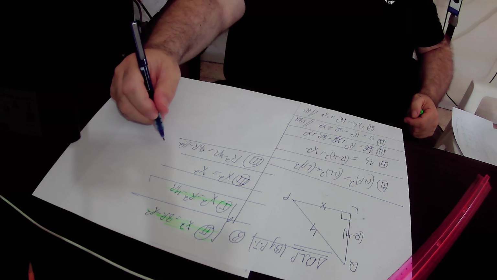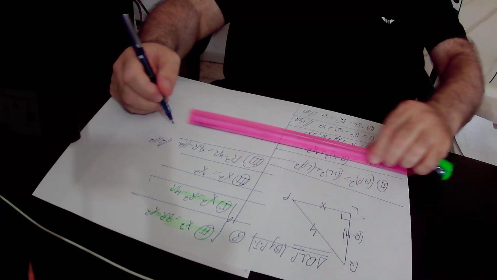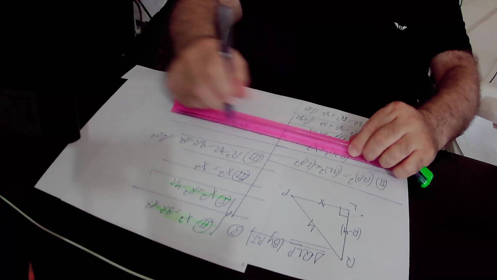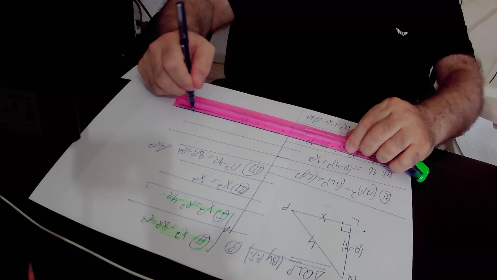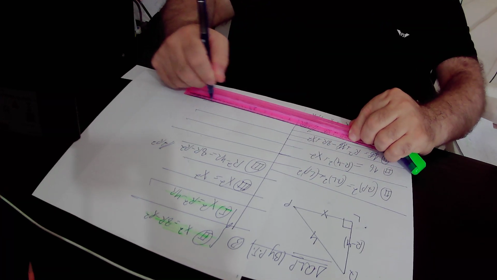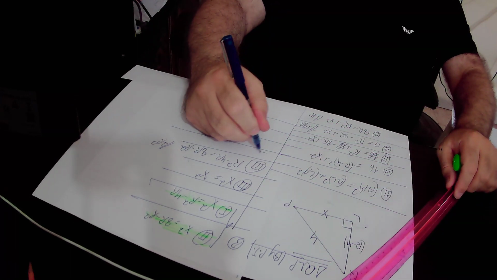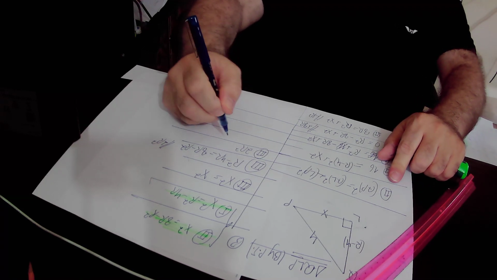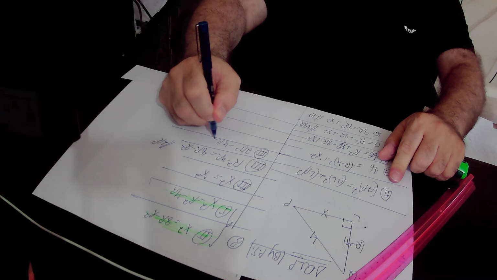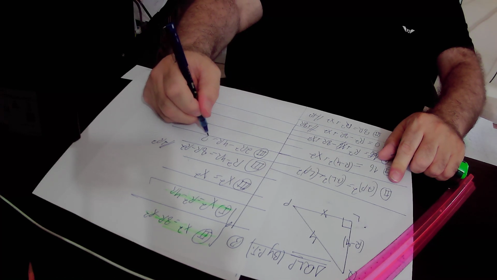Here we will add R squared to equation number 3, and we will get that according to equation number 3, R squared plus R squared is 2R squared, minus 4R equals 8R.